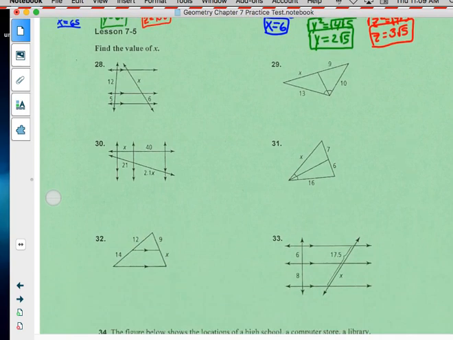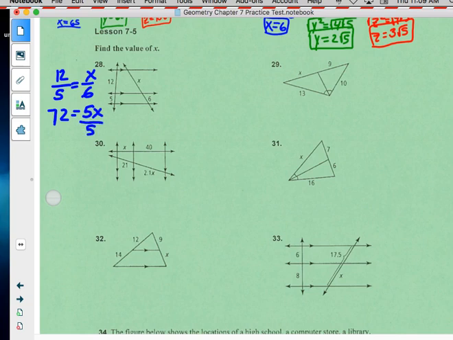This next one is section 7.5, and we're using the side splitter and angle bisector theorems. Side splitter is problem 28, and side splitter basically states 12 is to 5 as X is to 6. So I cross multiply and I get 12 times 6 is 72. That equals 5X.